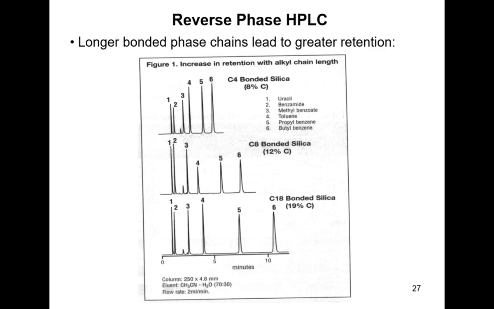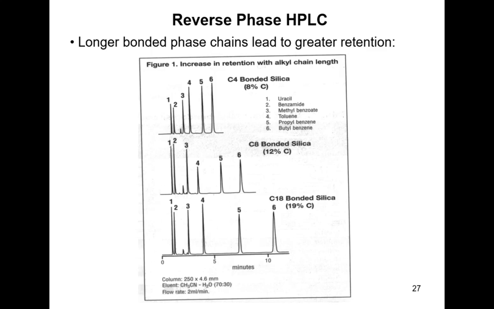It's just an illustration of some data to show the effect of changing the stationary phase or the mobile phase. So it's the same mixture of compounds being separated here, the same mobile phase in each case, but we're using different columns with different bonded phase materials.